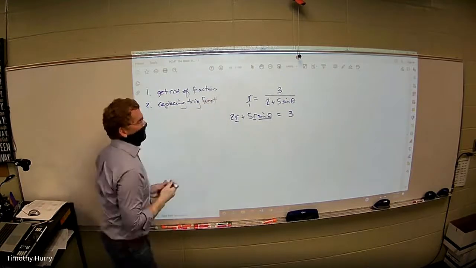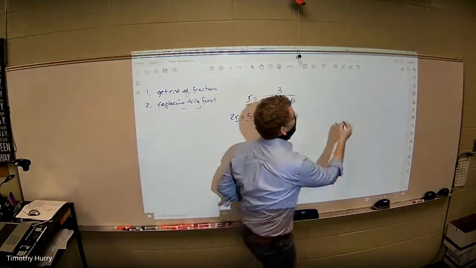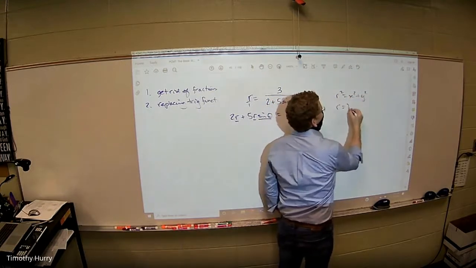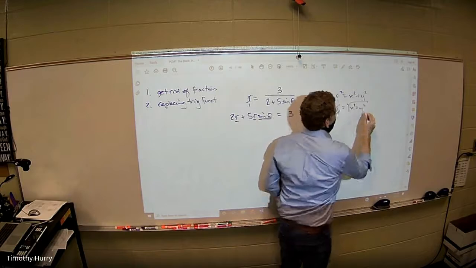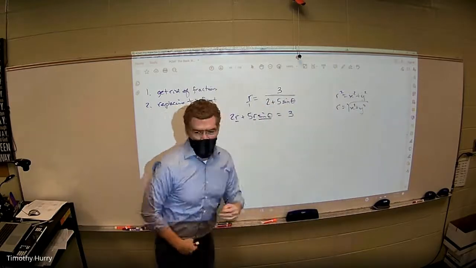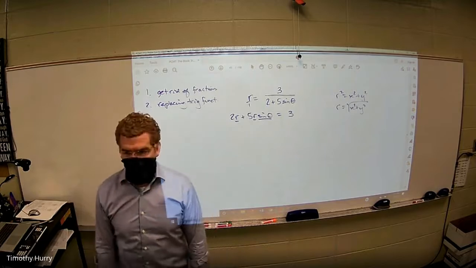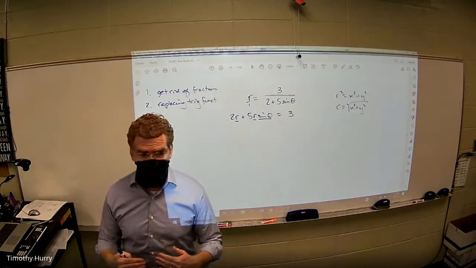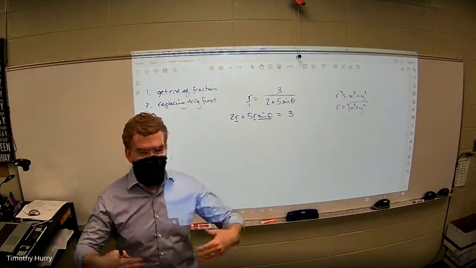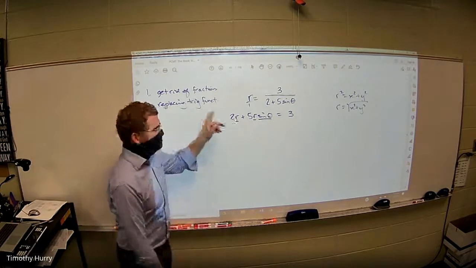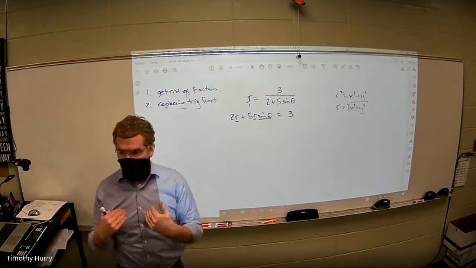Now there are people that say, well, Mr. Hurry, you told me that r squared was that, so r is this. So why wouldn't I just replace the r's also? The short answer is because I don't want you to. The long answer is because it makes your life get messier and messier unnecessarily. So go ahead and replace the trig functions with what they're equal to.